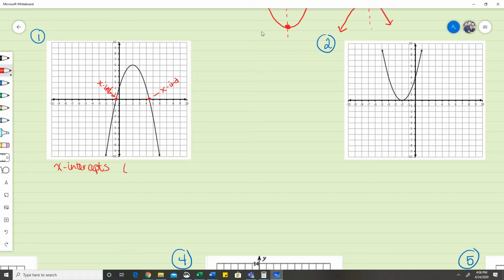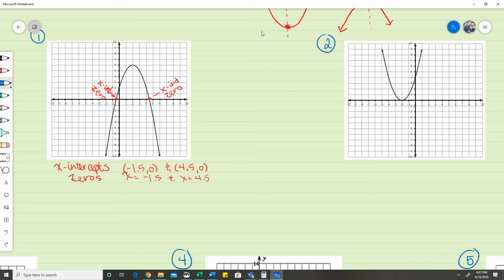We cross it once at negative 1.5, 0, and again at 4.5, 0. Okay. Because we have two x-intercepts, we also have two zeros. So again, it's just the x value of our x-intercepts. So we're going to have one at x equals negative 1.5 and one at x equals 4.5.